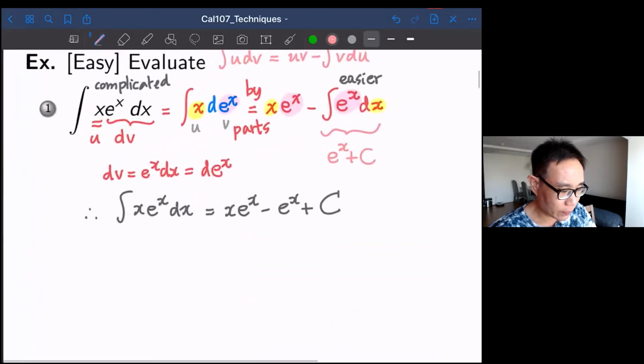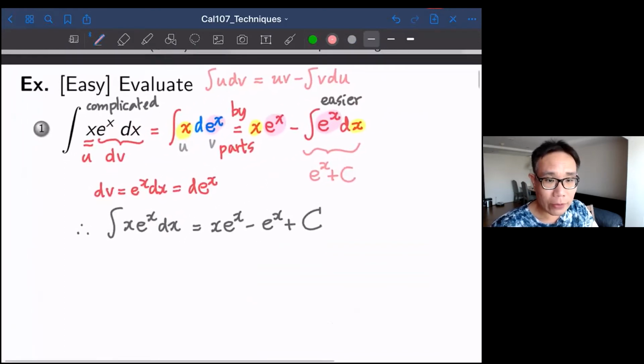The next one, we'd like to integrate x e to the x dx. Like I told you, you have to be able to find v from dv. So you have u equal to x and dv equal to e to the x dx. How do you find v?